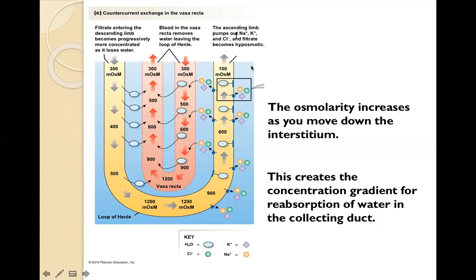And you can imagine the tubule that is next to this renal medullary interstitium is the collecting duct. And so the more antidiuretic hormone you have, the more water that's actually going to be reabsorbed in the collecting duct. And it's because of that concentration gradient that your maximum concentration of your urine is about 1200 milliosmoles.